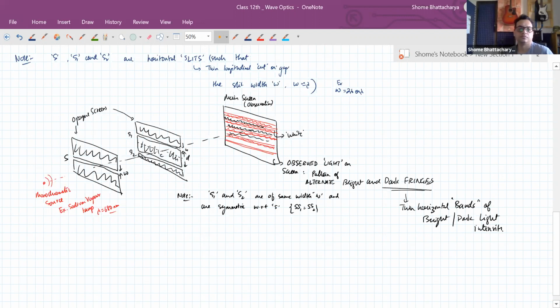So this is the three-dimensional arrangement.